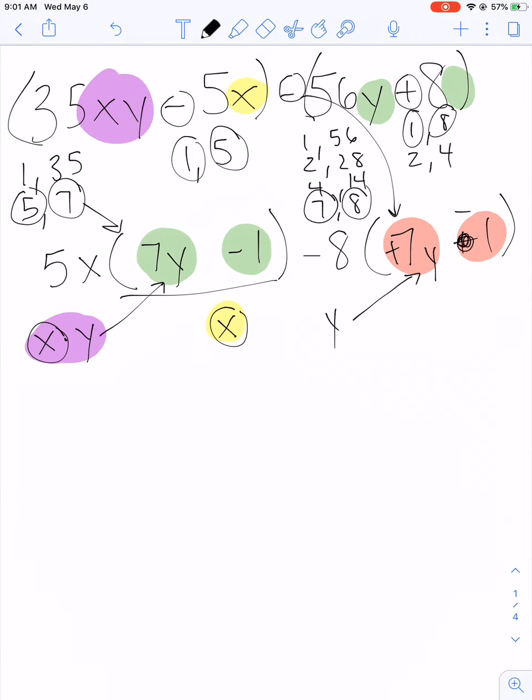Now are the parentheses the same? They are. So what do we do with that? Well, since they're the same, positive 7y and negative 1, we write it in one parenthesis. And then we write what we have in the other parenthesis, which is 5x minus 8.